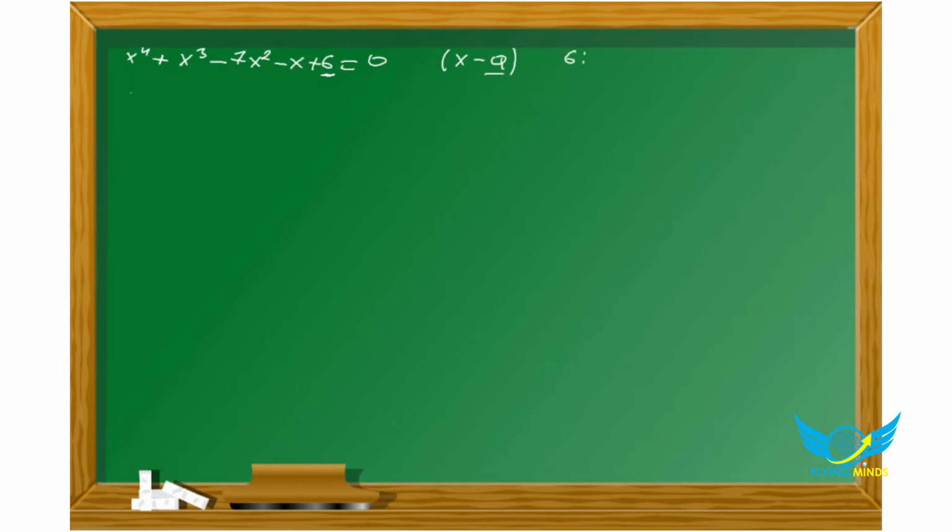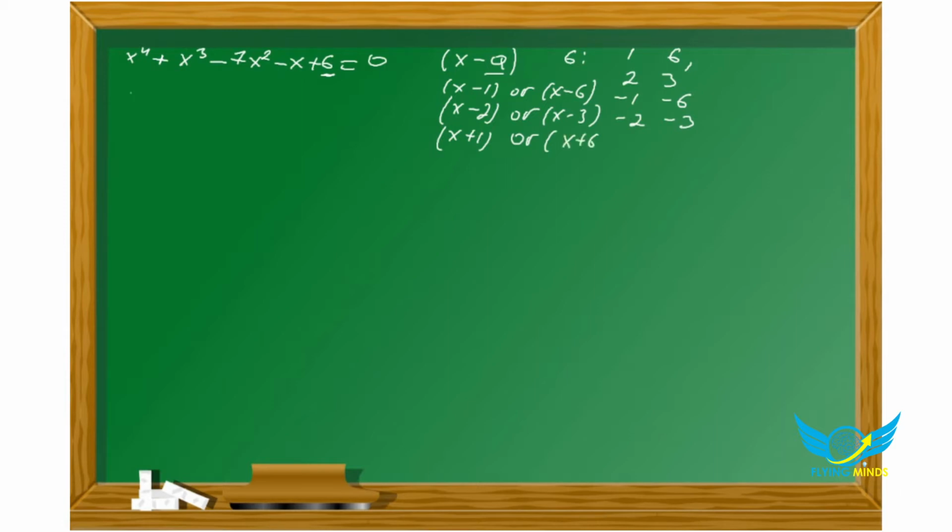Factors of 6 are 1 and 6, 2 and 3, -1, -6, and -2 and -3, right? And so the factors will be in the form like x minus 1 or x minus 6 or x minus 2 or x minus 3, x plus 1 or x plus 6, x plus 2 or x plus 3, right?